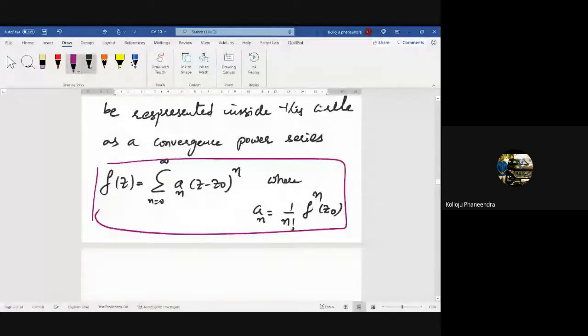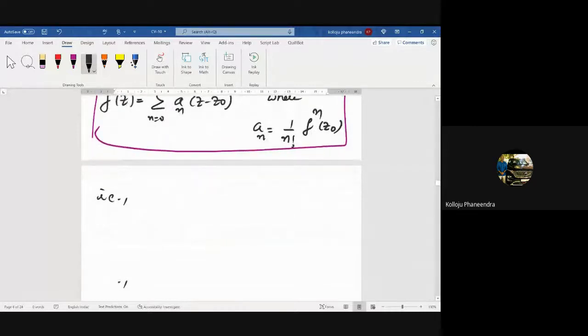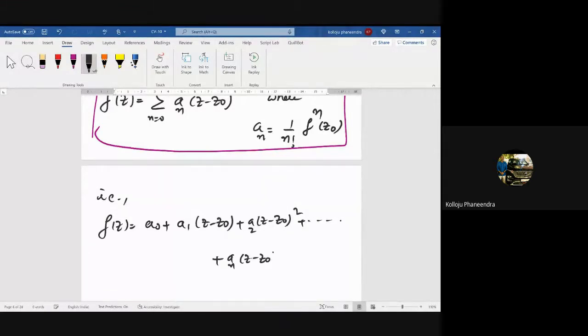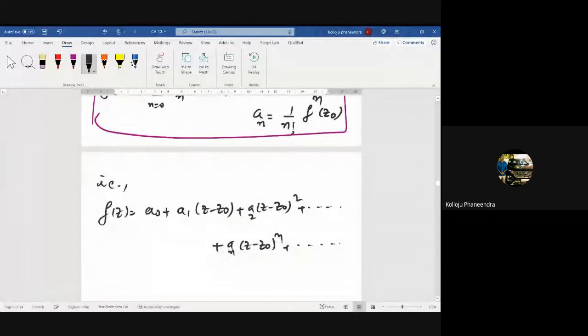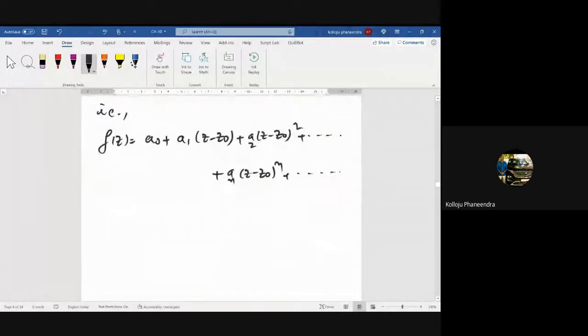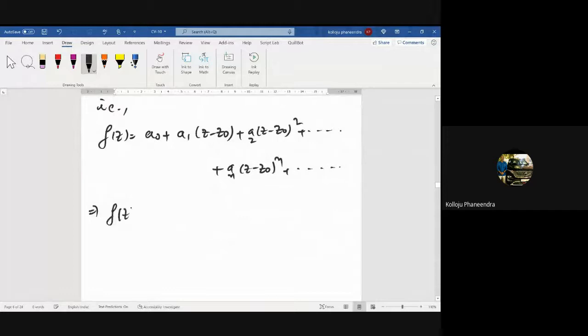Now let me expand this. f of z equals a0 plus a1 into (z - z0) plus a2 into (z - z0) squared and so on, plus a_n into (z - z0)^n and so on. Now what is the a_n value? 1 by n factorial times f^(n), same as in our real variables.